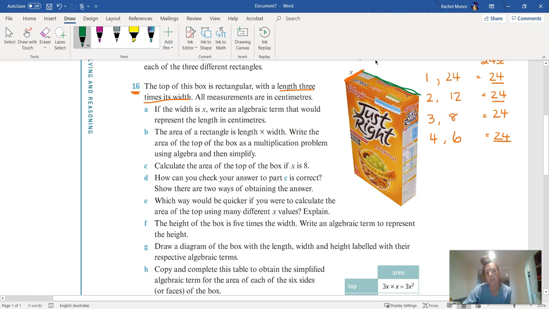What will this be? Okay, this side length. Now remember, it already said back here, the length is 3 times its width. So use that information and think about how you would represent this length here in algebraic terms.